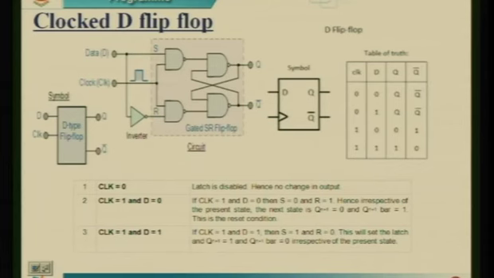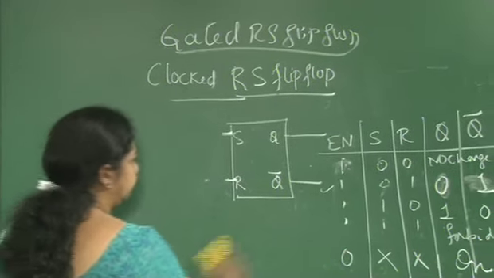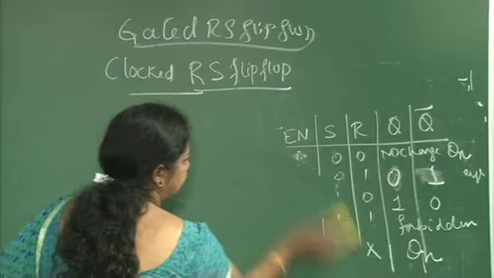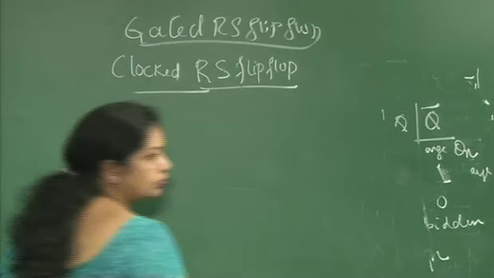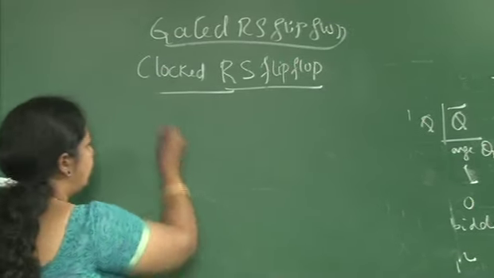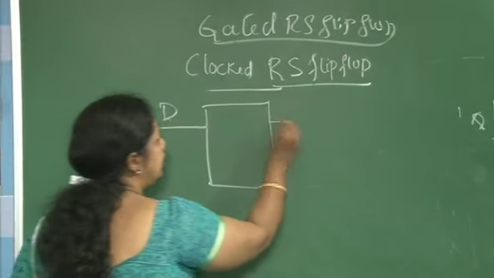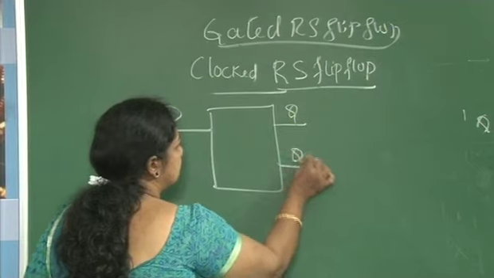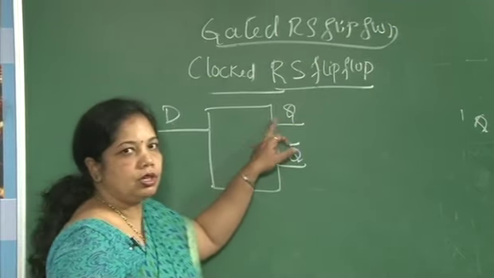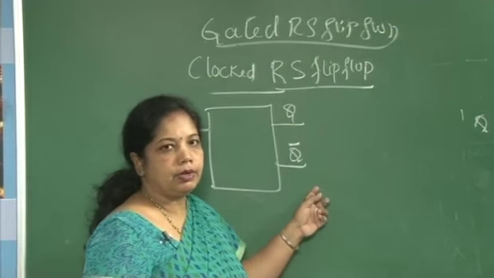So, we have another kind of flip flop called D flip flop. So, when I connect this SR flip flop, the D flip flop block diagram has got only a single input, as usual, a normal value and complemented value.